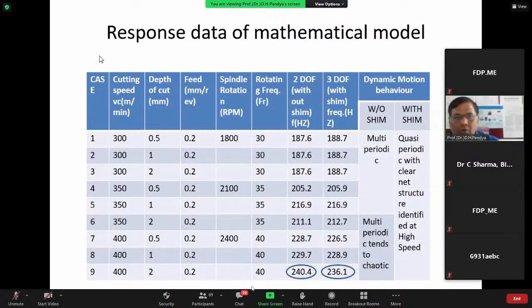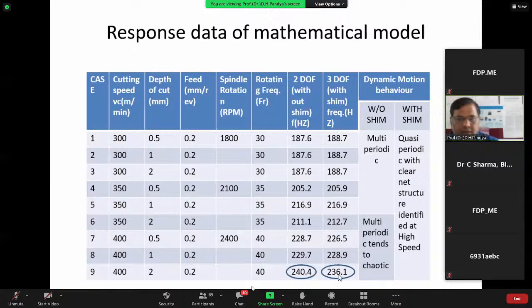Overall, the simulation has been carried out in 9 sets for cutting speeds of 300, 350, and 400, meaning spindle speeds of 1800, 2100, and 2400, and the rotational frequencies are recorded in my simulated responses.